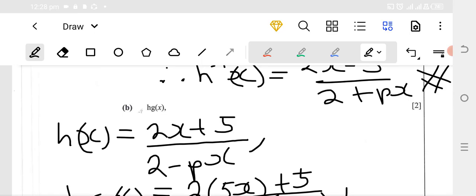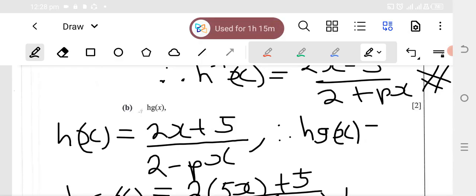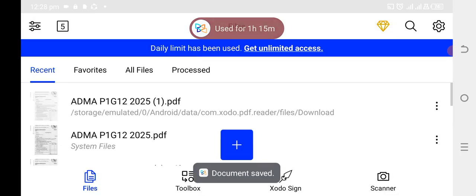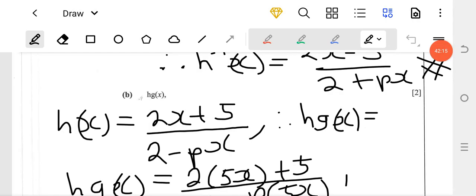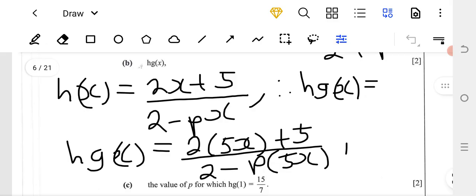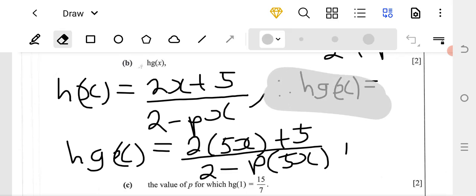comma. Then we say, therefore, h of g of x is equal to, okay, there won't be enough space there, so let me just clean up.